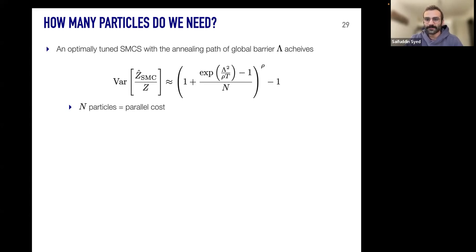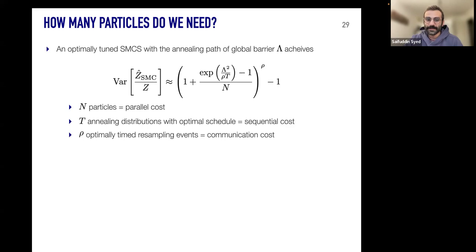So remember, n corresponds to our parallel cost. This is the number of particles. T corresponds to the number of distributions, which again is our sequential cost. And rho represents our optimally timed resampling events, which is in some sense our optimal communication cost.